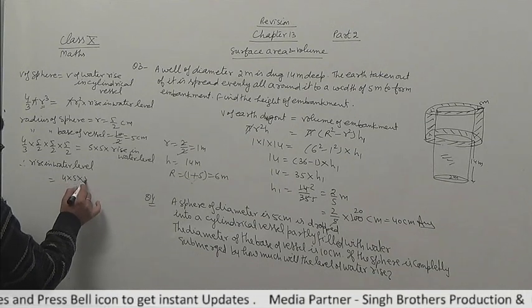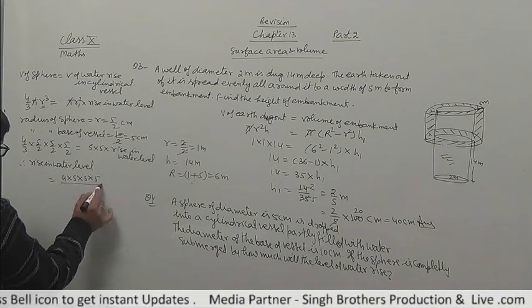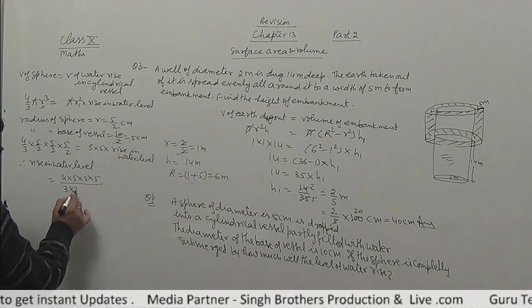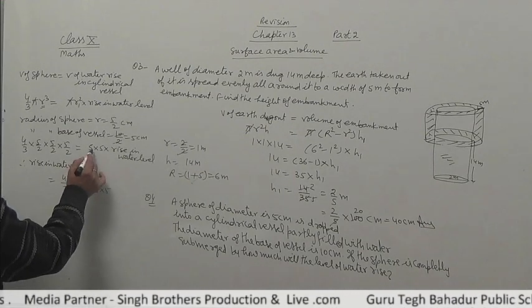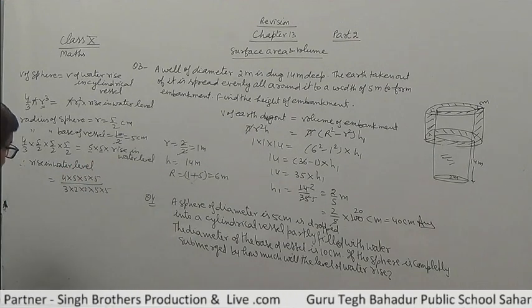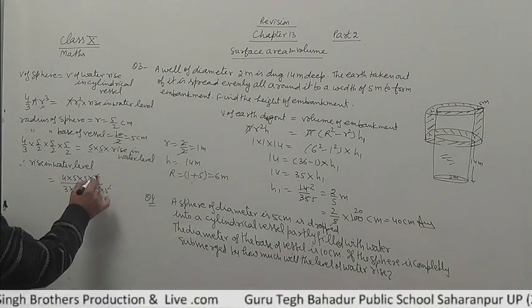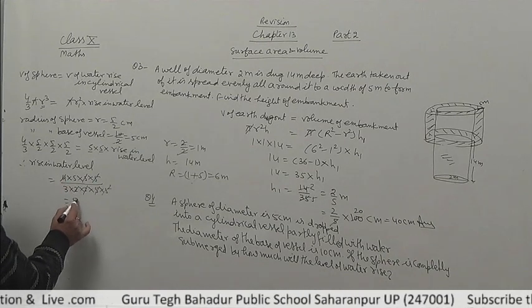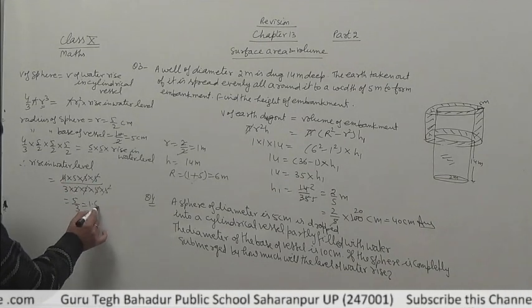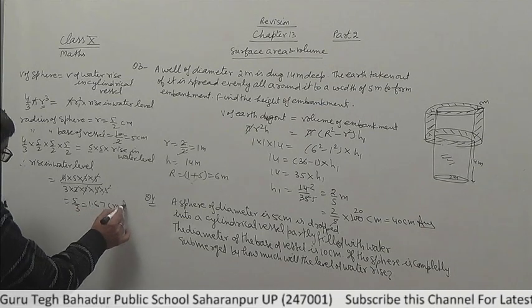These two 5 cancel, these two cancel. 5 upon 3, that is 1.67 centimeter.